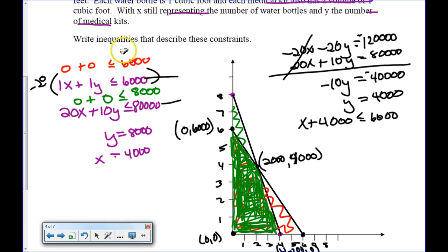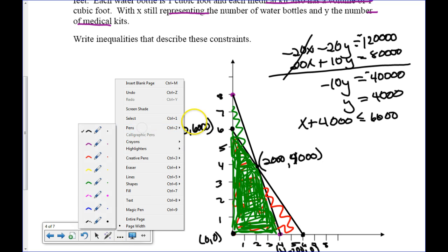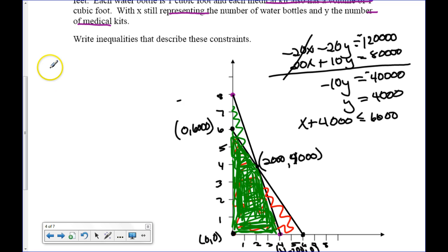I'm going to erase a section here so I can test the objective function. Okay, so my objective function was z equals 10x plus 6y, right? So I need to test each of these points, there's 4 of them, to find out which one's maximum.